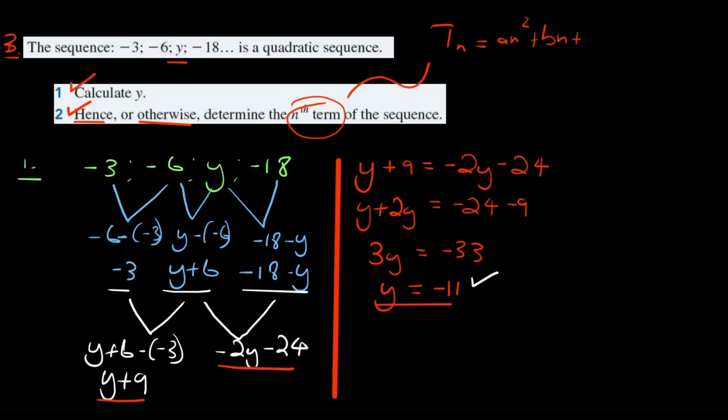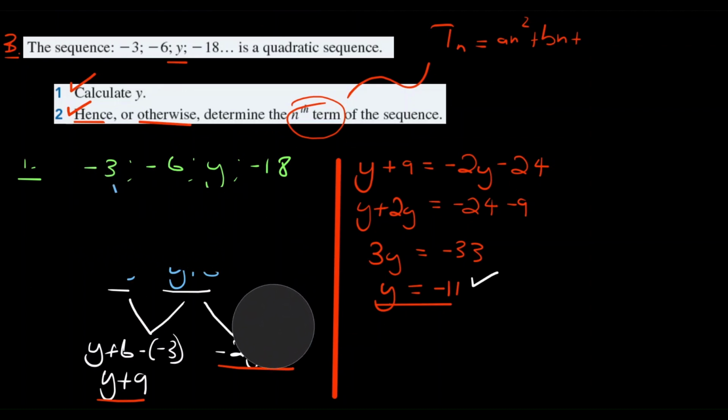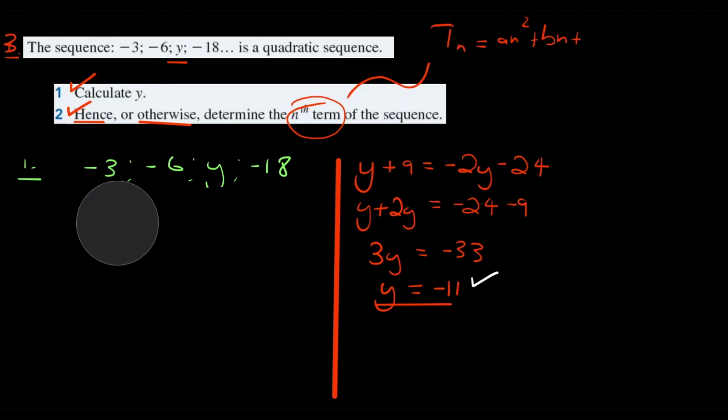So what we're going to do is just substitute the value of y, and in that case, we'll be able to find what our general term is. So we're on question number 2, and we calculated that our value of y is -11.